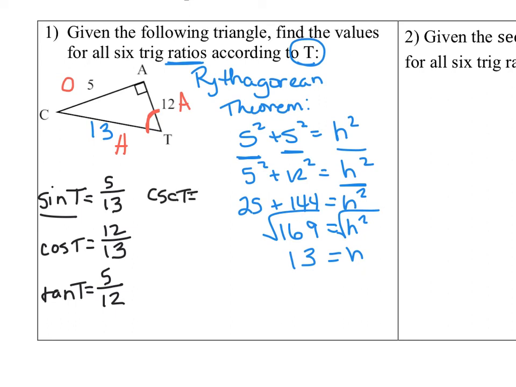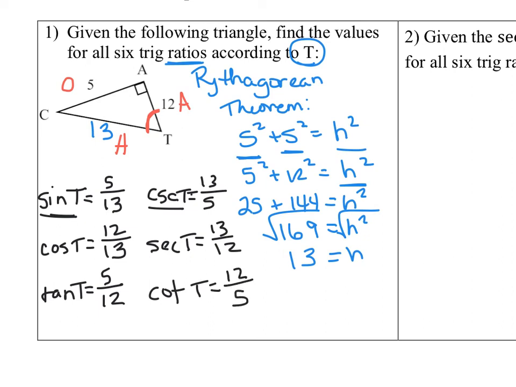Now you could always say it's the hypotenuse over the opposite, but if you know what the sine is, just flip it, and now you know what the cosecant is. So it's really important that you know these two are kind of paired together. And if I know what the cosine is, then I know what the secant is. Just flip it. And if I know what the tangent is, I know what the cotangent is. Done. I found all of them according to t using all 6 trig ratios.